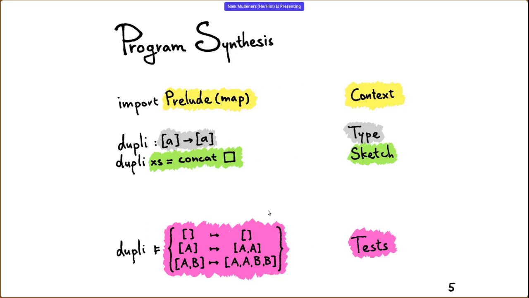How these synthesizers all work under the hood is that they take the input-output examples and try to propagate them through the program using example propagation. So they use the input-output examples to prune the search space.